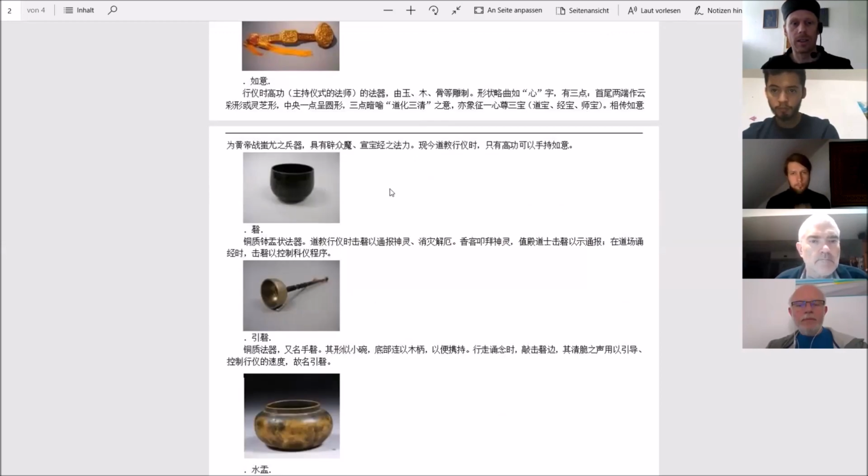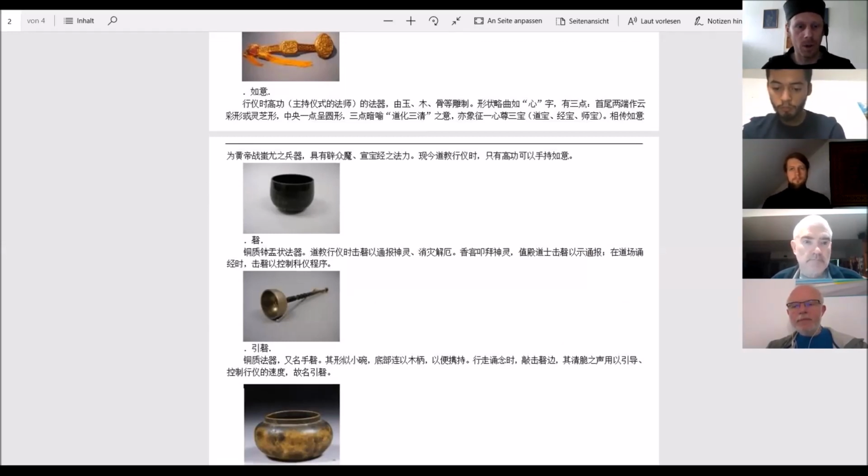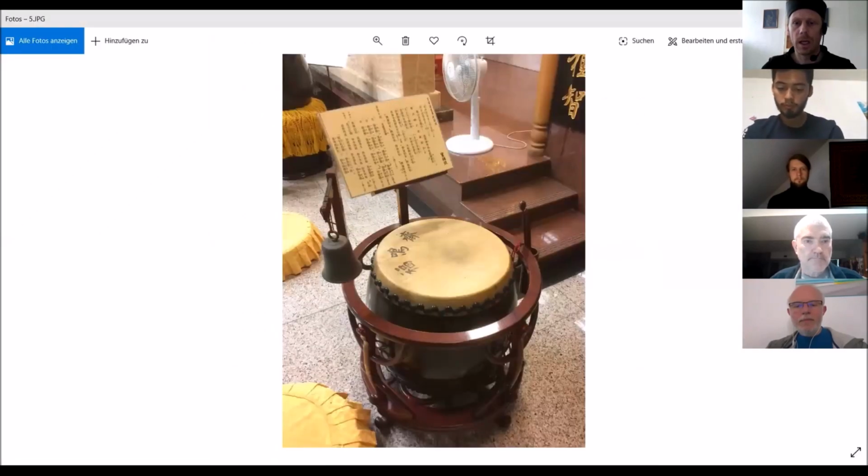It's called the qing, or the singing bowl. Sometimes you use also the word gong in English, but singing bowl, like many people told me, is the right word. And the singing bowl is, beside the woodfish and the little bell, which I showed at first, the more important instrument.